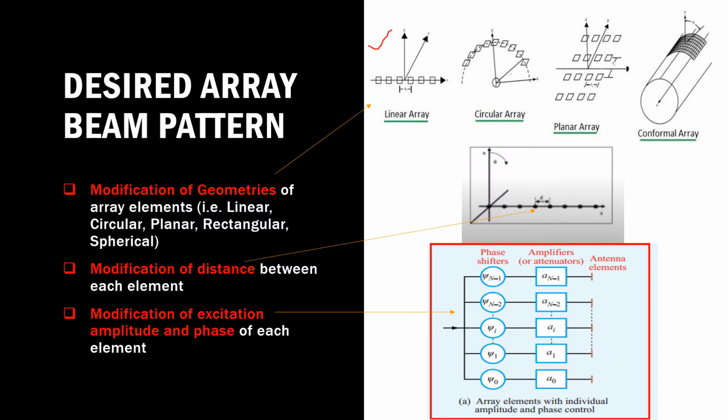Here we can see four arrangements: linear array, circular array, planar array, and conformal array. This conformal array can also be called the spherical one. Usually we see these two types of arrangements in our practical life.